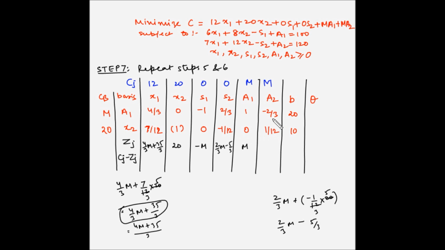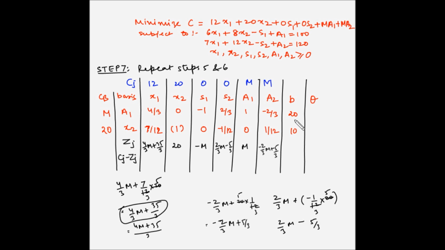For a2, minus 2 by 3m plus 20 into 1 by 12. 4 5s are 20, 4 3s are 12. So minus 2 by 3m plus 5 by 3.